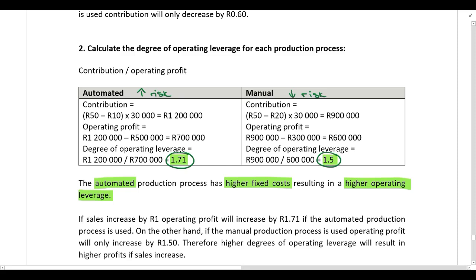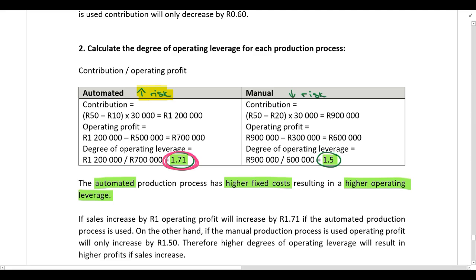The automated production process is more risky because when sales are decreasing, operating profit will decrease by a greater extent. On the other hand, remember the relationship between risk and return.